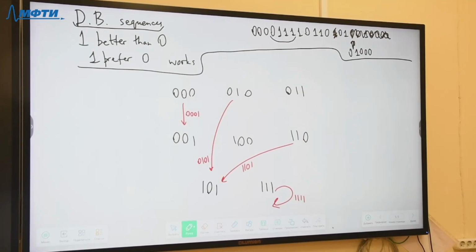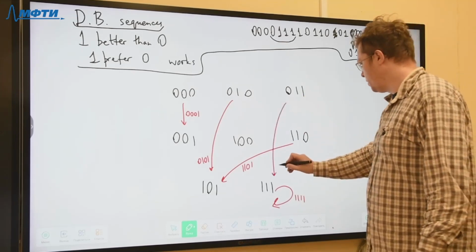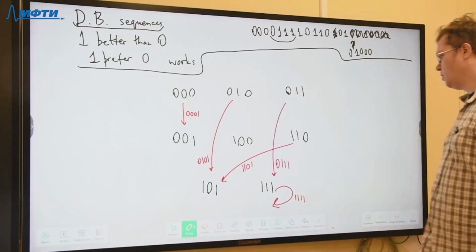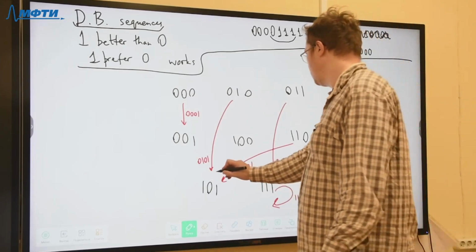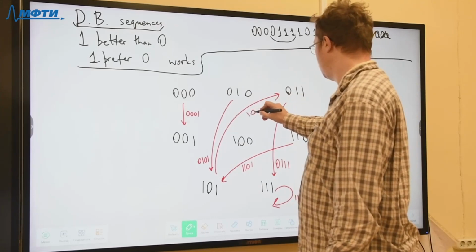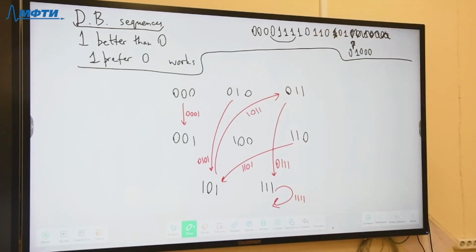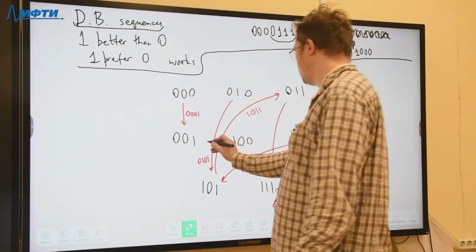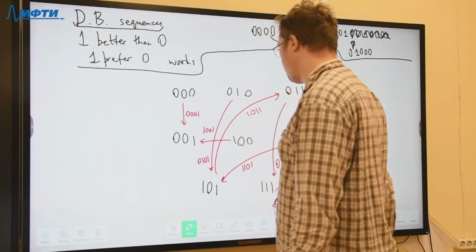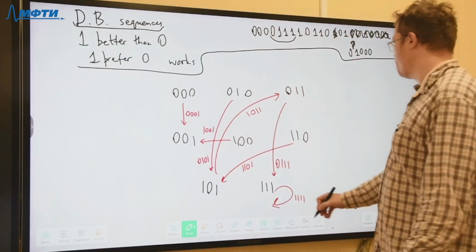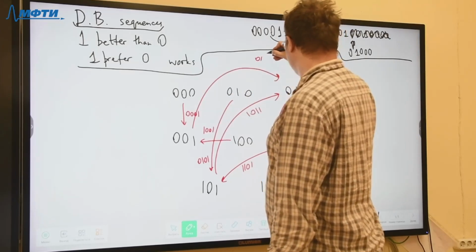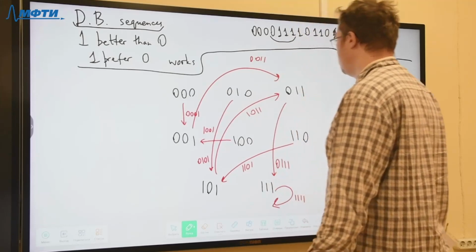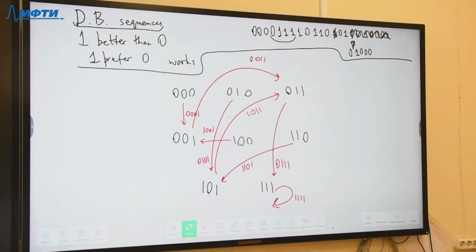Okay, so the last element can be 3 ones. 1, 0, 1, 1. Okay, and I forgot about the one here, 1, 0, 0, 1. Here we have 0, 1, 0, 0, 1, 1. And that's 1, 2, 3, 4, 5, 6, 7, 8.